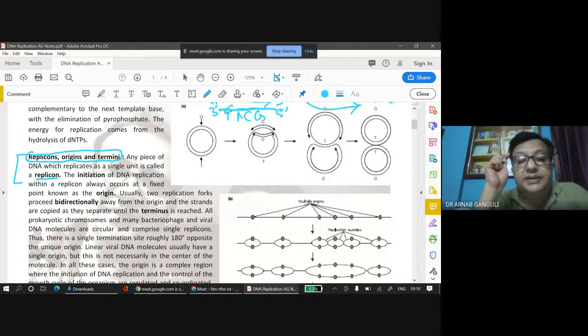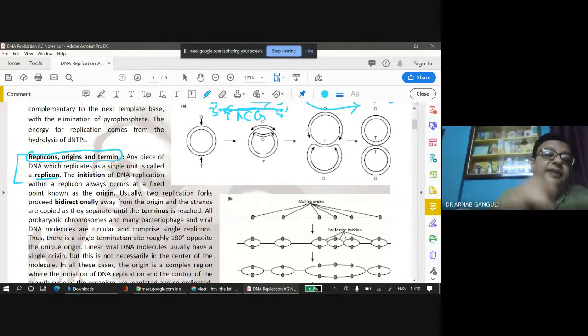The initiation of DNA replication within a replicon always occurs at a fixed point known as origin. Two replication forks proceed bidirectionally away from the origin.